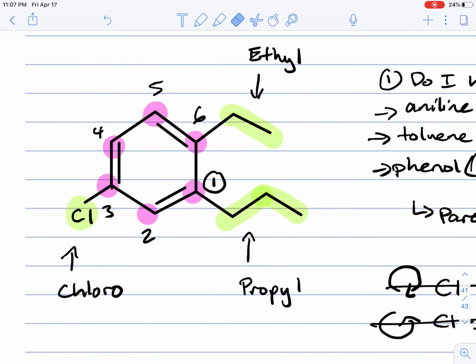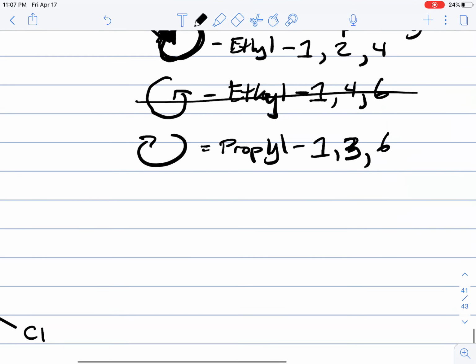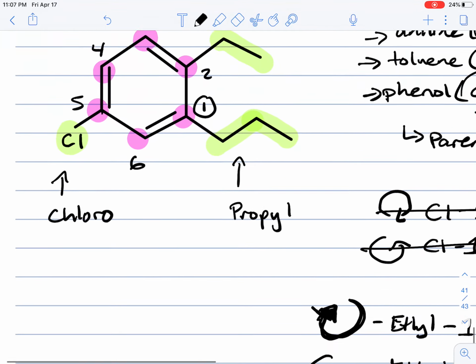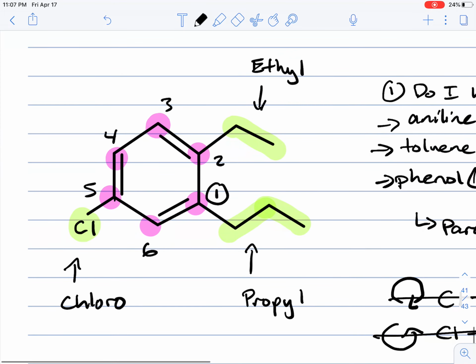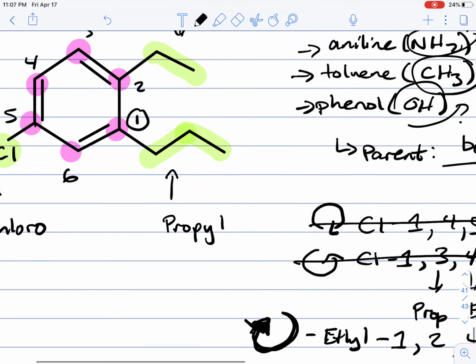Now, if I go counterclockwise, in other words, I'm going to have 1, 2, 3, 4, 5, 6. So if I go counterclockwise with propyl as carbon number 1, my ethyl will be on carbon 2, and my chloro will be on carbon 5.